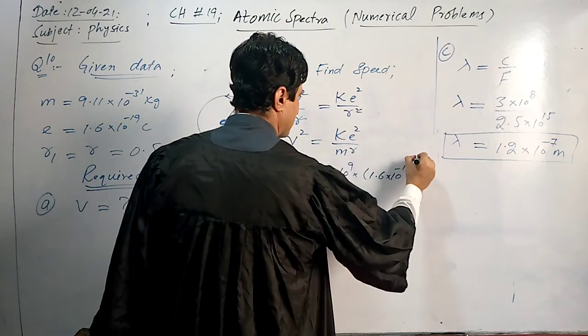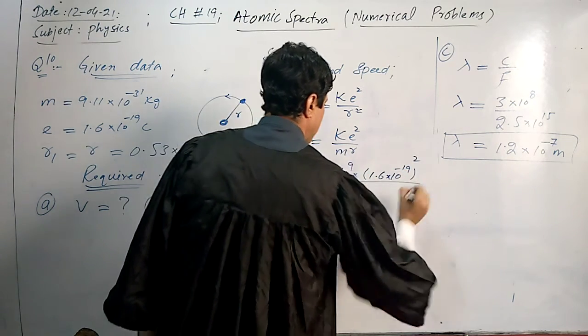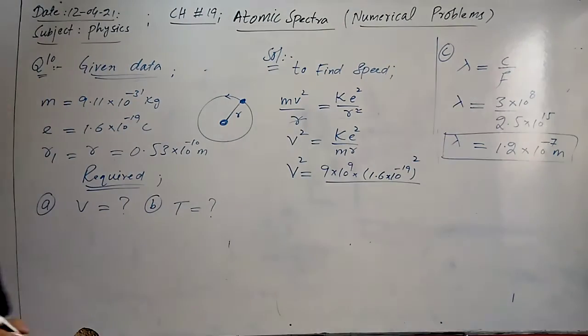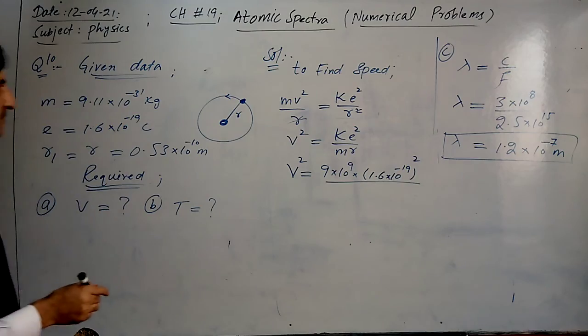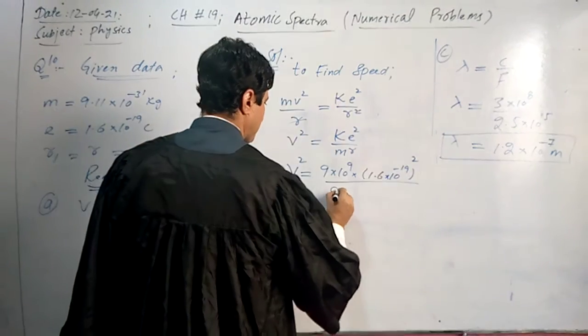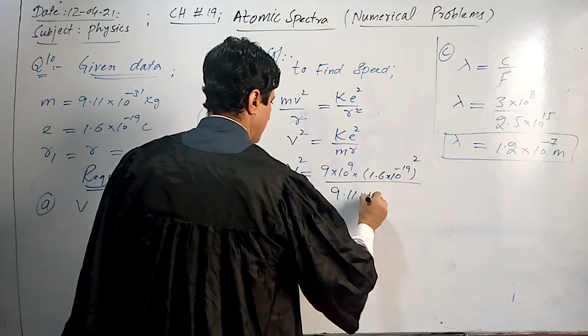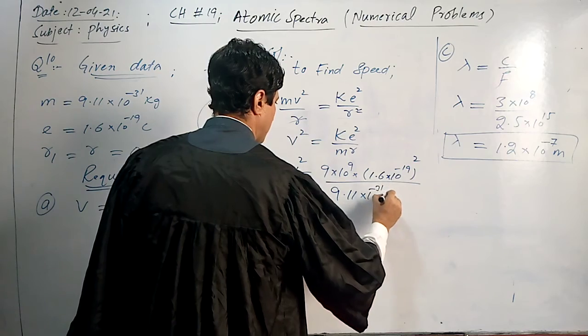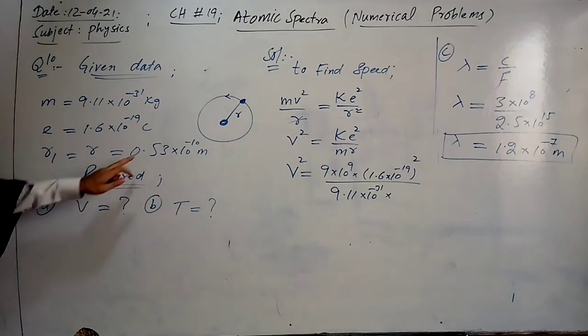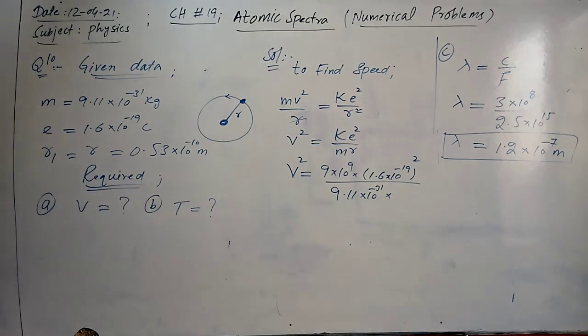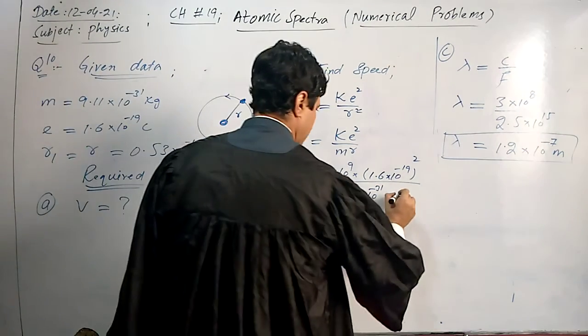This is squared. Divided by m. Mass of electron is 9.11 multiplied by 10 power minus 31 kg. Similarly, r, the radius of the first orbit, is equal to 0.53 multiplied by 10 power minus 10.